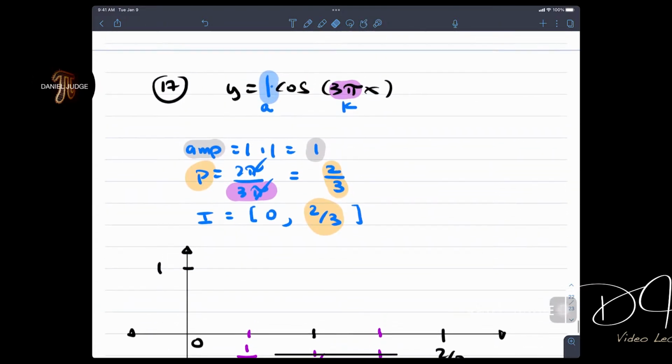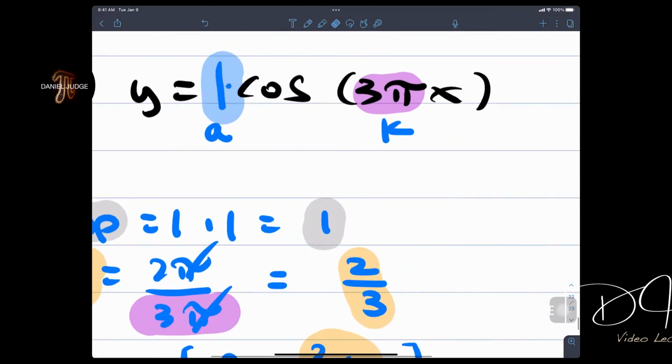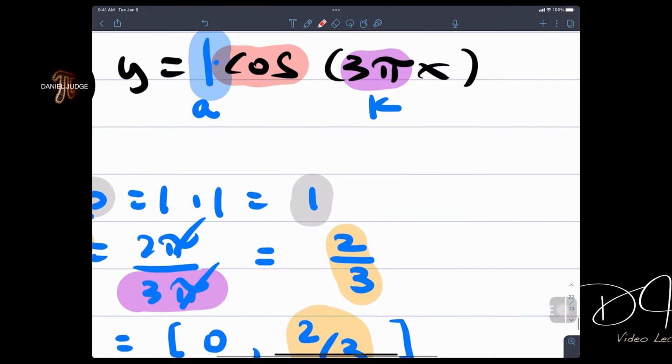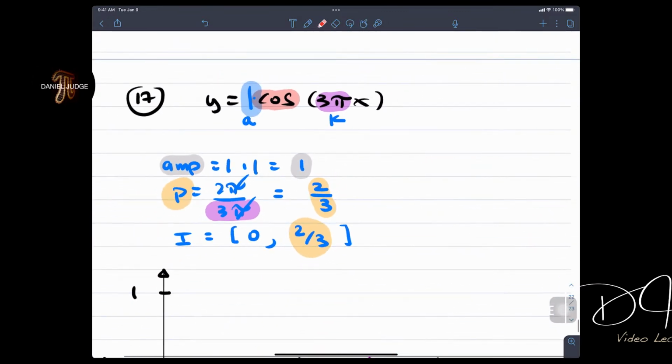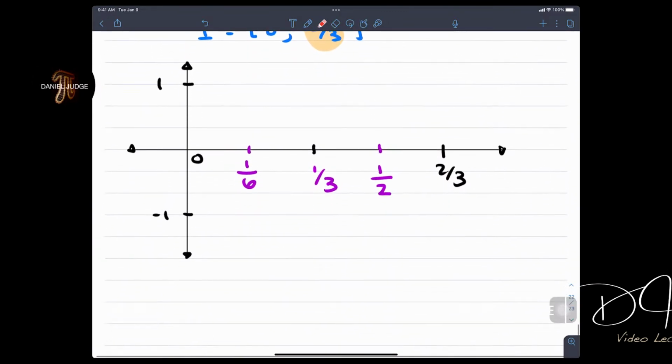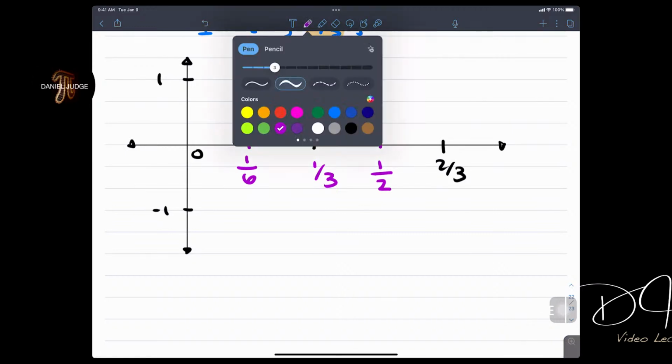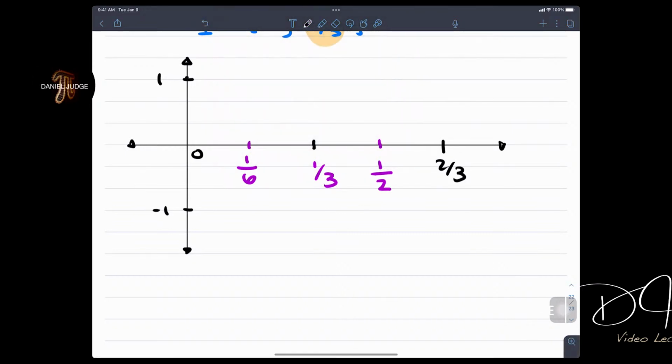And again, this is going to be the cosine curve. So we have to know how cosine behaves. And how cosine behaves is this way. It always starts at the maximum value, and then it comes down to the x-axis, an x-intercept.